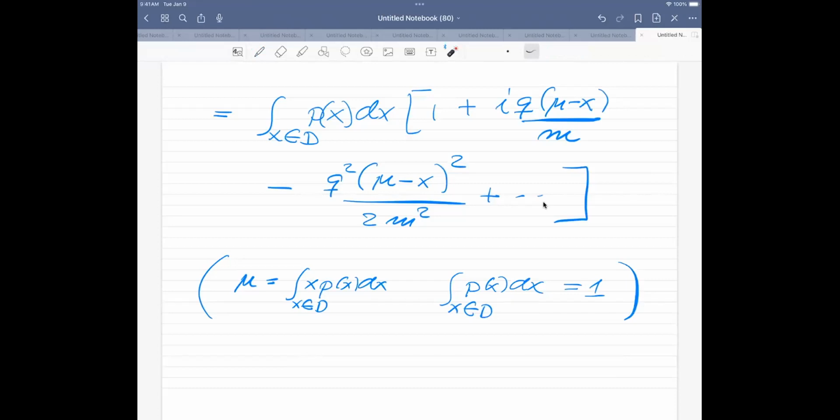And what does the second term give you? One and 0. So what we have then is 1 plus 0, and it obviously has to be 0 because this is just a constant. And then I have x, and when I integrate that one, that gives me mu, so I get mu minus mu. Now, if you look at the second term here, what does that remind you of?